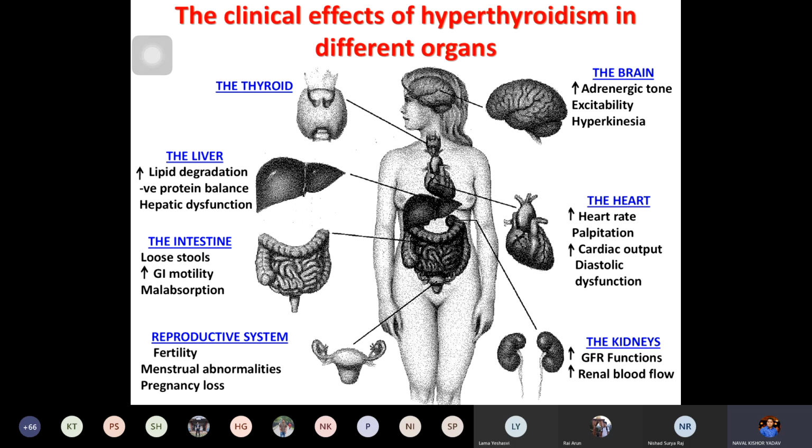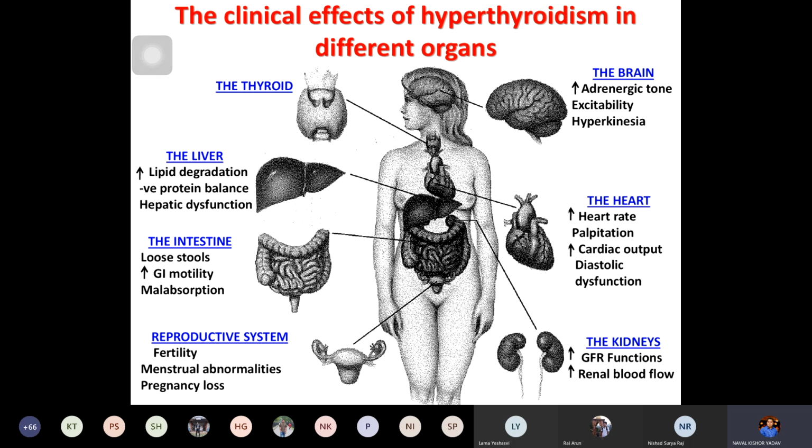Similarly, in the case of hypothyroidism, what we have noticed is weight gain. Weight gain was a main symptom. The second one is increased sensitivity to the cold. Even if there is no cold in the environment, the patient who is suffering from hypothyroidism will feel more cold.